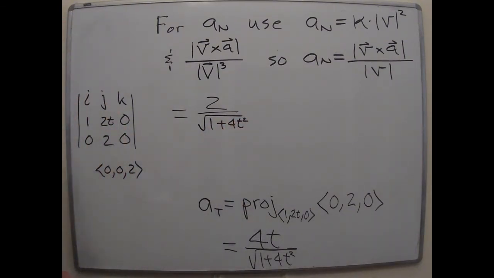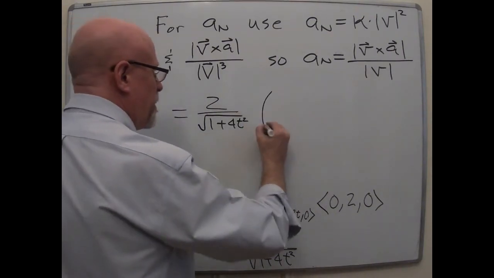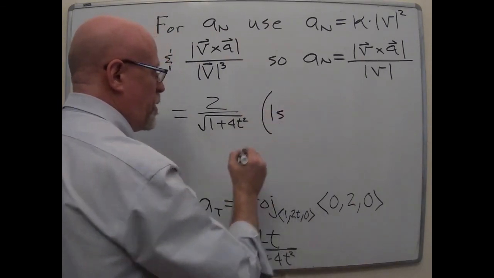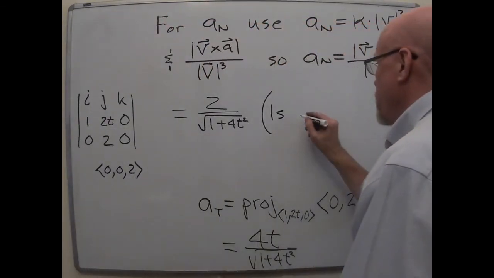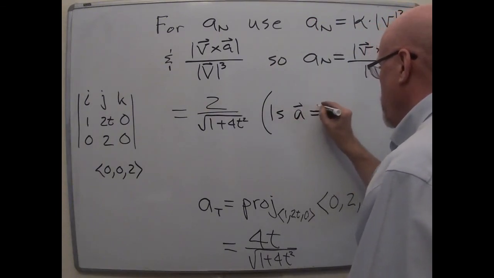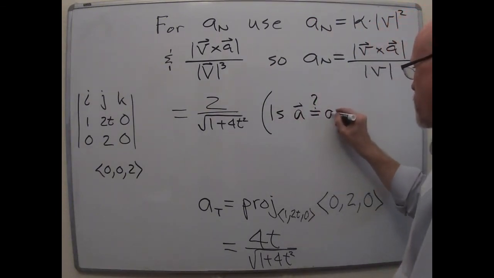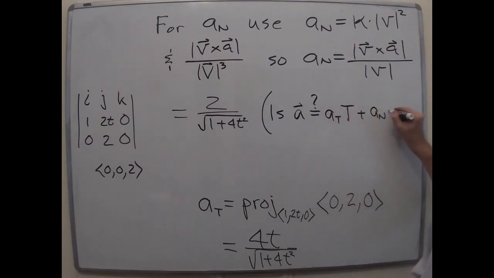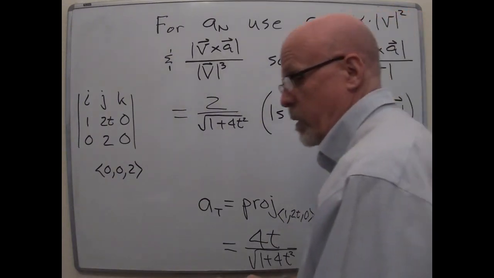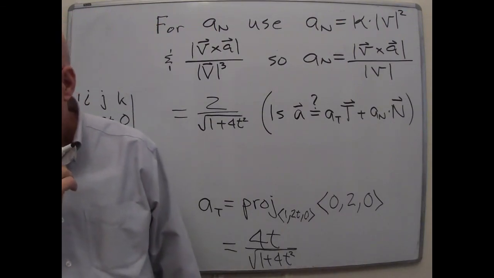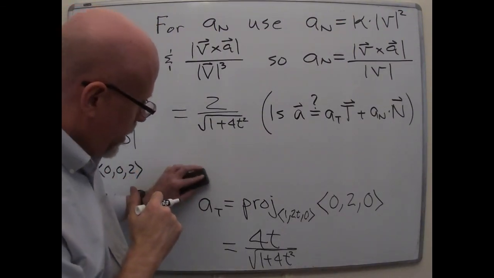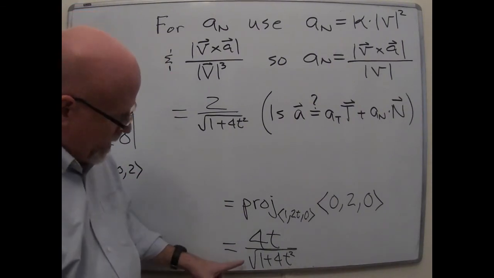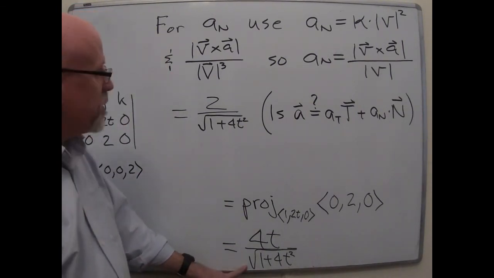So we should be able to verify, and let me just write this question parenthetically: is the acceleration vector actually equal to a sub t times the tangent vector plus a sub n times the normal vector? We've gotten a bunch of these things via various methods. Now I really want to remember a sub t.